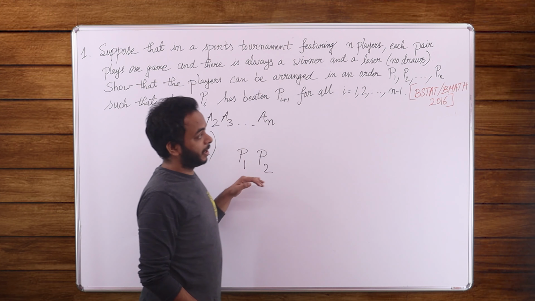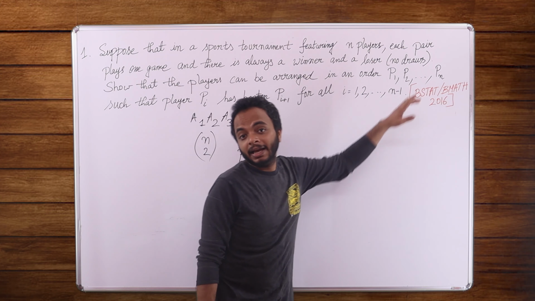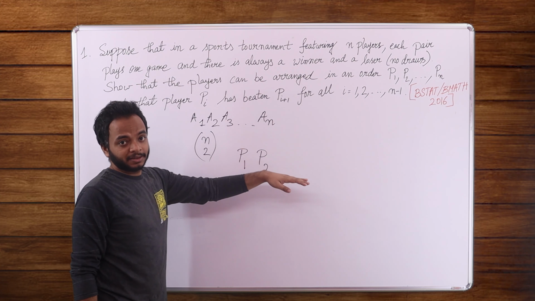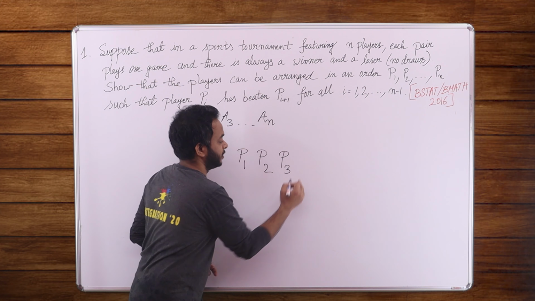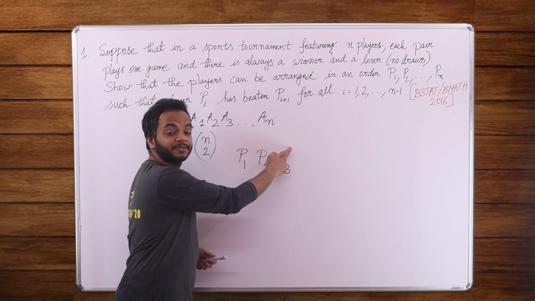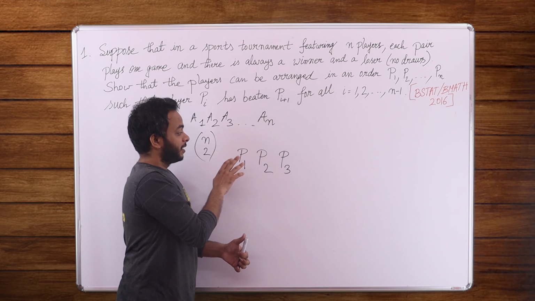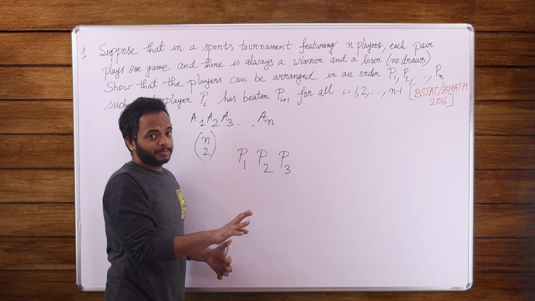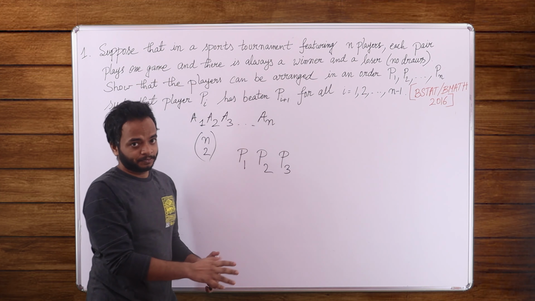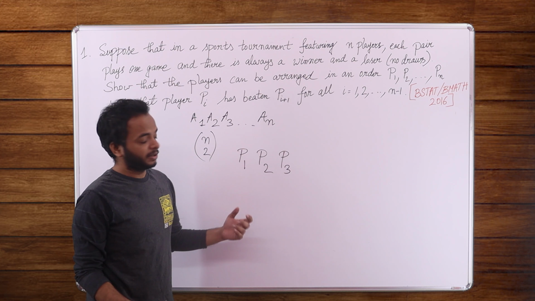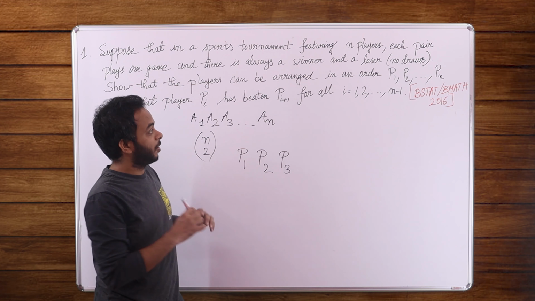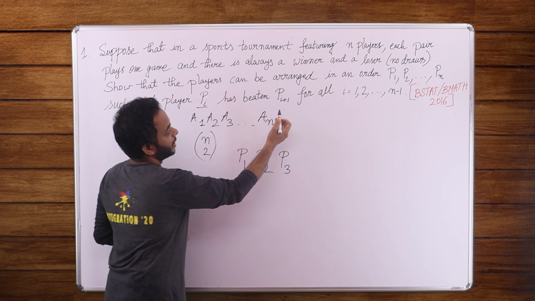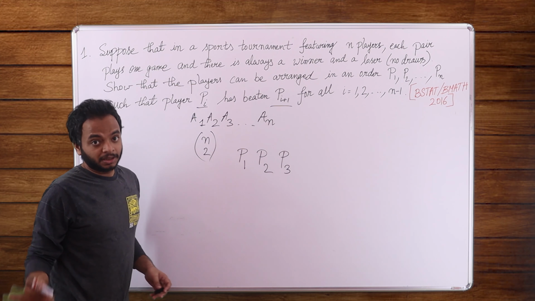Now you are checking whether I can arrange all the players in a line such that next I can have a player P3 where P2 has defeated P3. There should not be any relation required between P1 and P3. P3 could have defeated P1, or P1 could have defeated P3. It doesn't matter. It only says that Pi has beaten Pi plus 1.